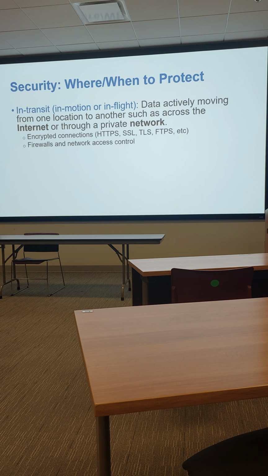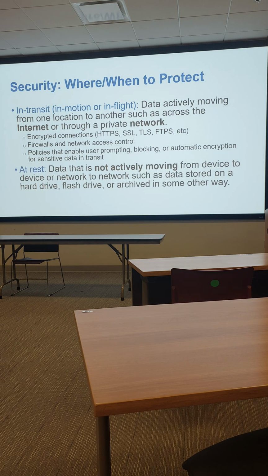Firewall and network access control is another one too. It can be done by user prompting or automatic encryption. So that's when and where it's done: when data is being transmitted, that's in transit data protection.